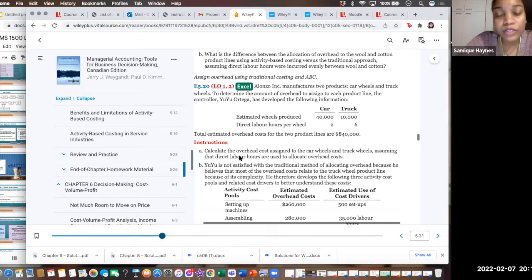How many hours did we use for the car wheels? 80,000, very good. 2 times 40,000 wheels, 2 hours per wheel times 40,000 wheels equals 80,000 hours. How many hours did we use for the truck? 60,000. So what is 80,000 plus 60,000?